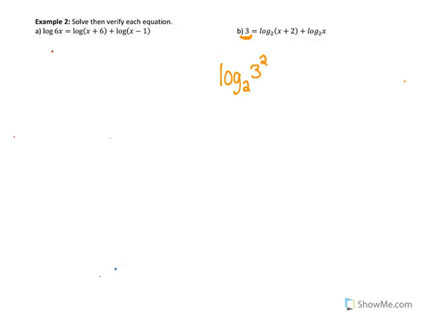So it's 3 to the power of 2. 2 to the power of 3. I said that backwards. So we're again thinking about this. Log base 2 of what equals 3. So we would know 2 to the power of 3 equals 8. So that's how we get that step.